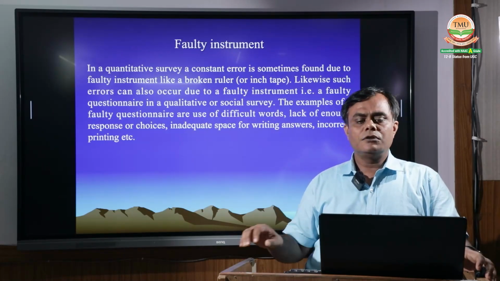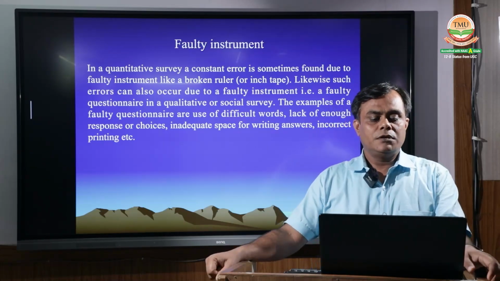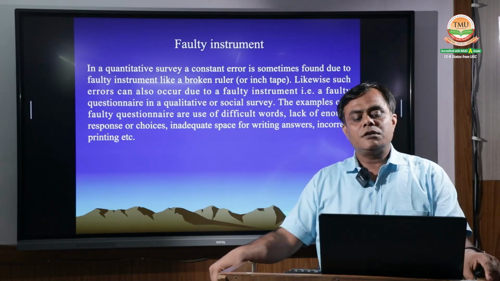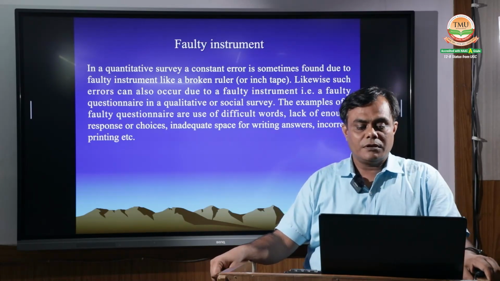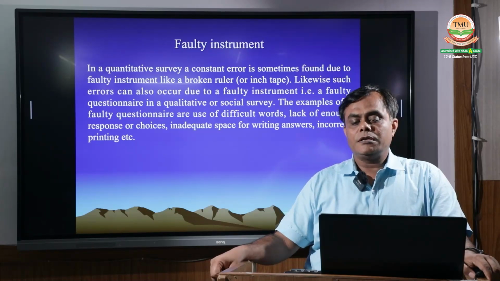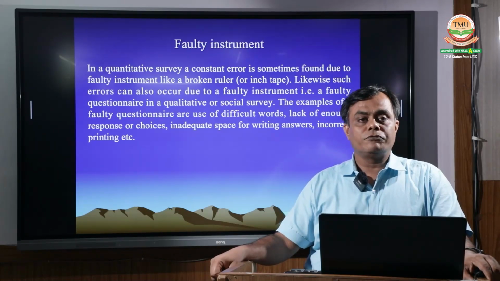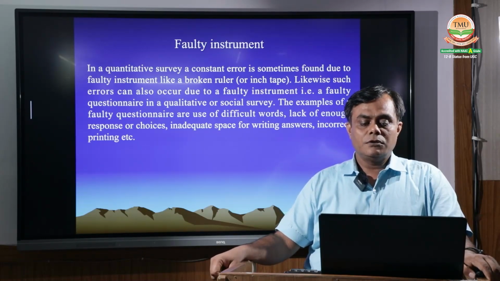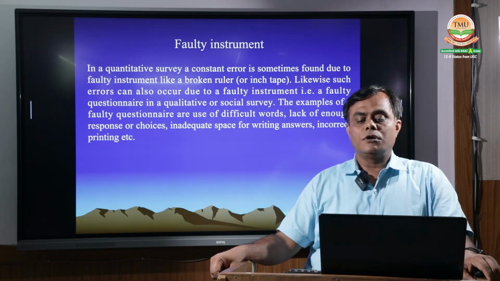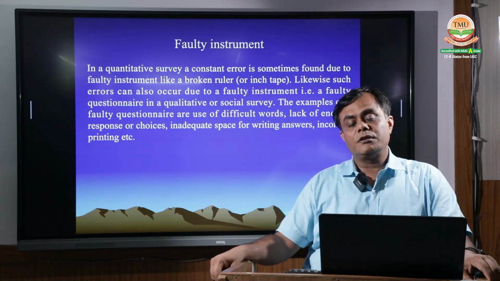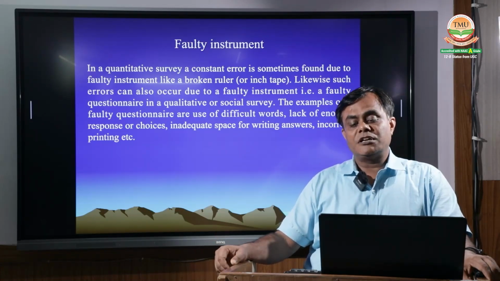Next is the faulty instrument. In a quantitative survey, constant error is sometimes found due to the faulty instrument, like the broken rules or the sometimes broken instrument you are using.